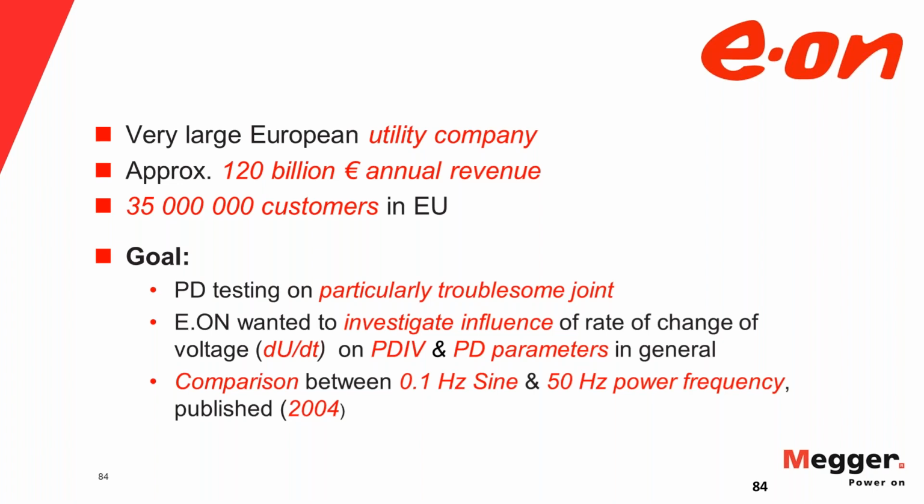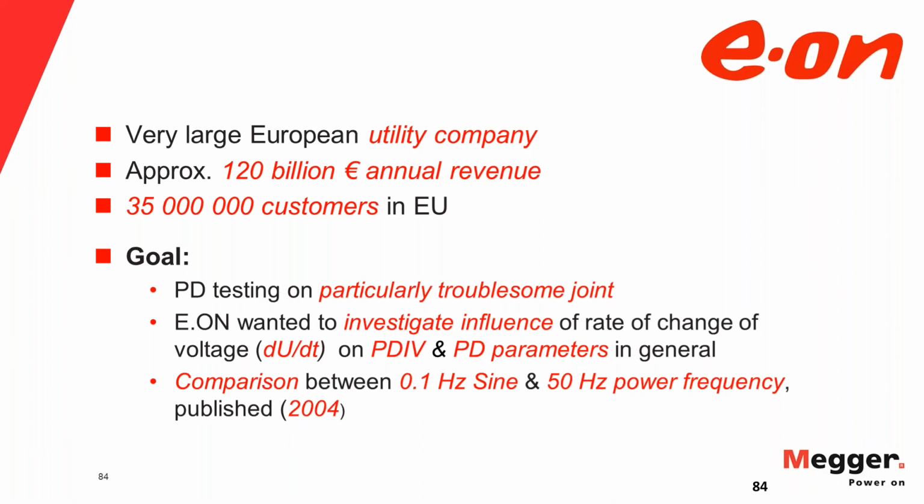And then just the last bit, that was a big thing that made big waves back in the day. Unfortunately, that case study became a little bit forgotten. The biggest utility company in Europe, E.ON, which split the company recently, so it's not this one huge company anymore, but a few years ago it was 120 billion euros annual revenue and over 35 million customers in various countries of the EU.